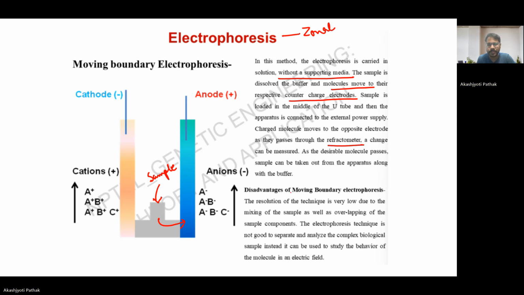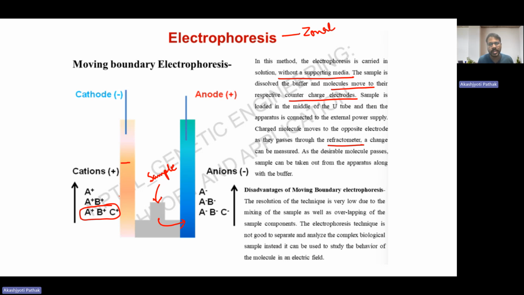Okay. Now, the disadvantage is that the resolution of this technique is very low due to the mixing of the sample as well as overlapping of the sample components. Suppose there are three different samples and all of these are positively charged. Then all three will be present at the same position, isn't it?